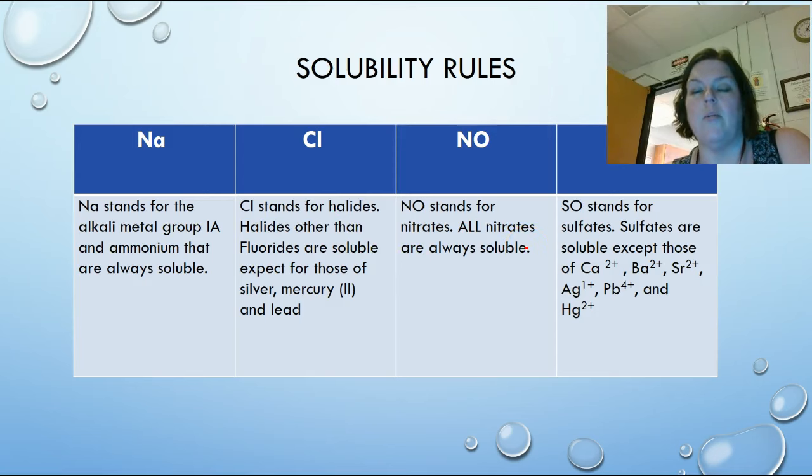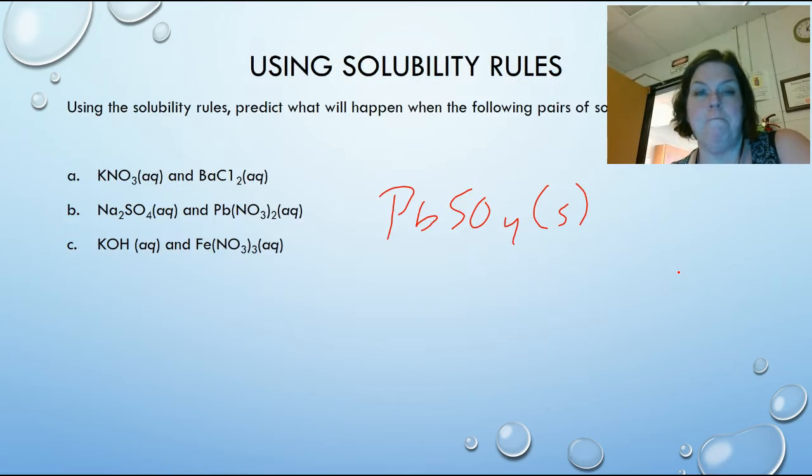All nitrates are soluble. All. If it's a nitrate, it's soluble, for sure. SOs. SOs can stand for a lot of things, but SOs mean that there are some things that are soluble and some things that aren't. For the most part, they're soluble except for PMS, that's lead, mercury, and silver, and what I call potassium, calcium, barium, and strontium, okay?